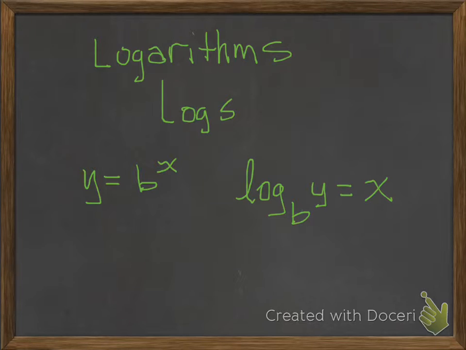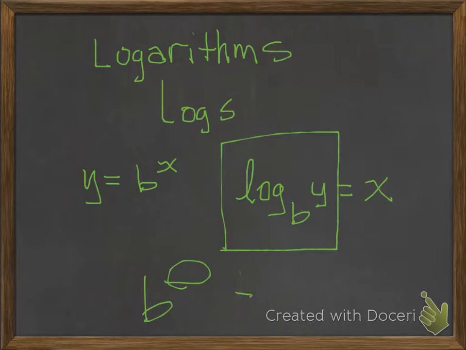Every time when I'm teaching logarithms, I try to drill in the idea that a logarithm is an exponent. So if I'm looking for the log base b of y, then what I'm really wanting to know is what power do I raise b to in order to get y?